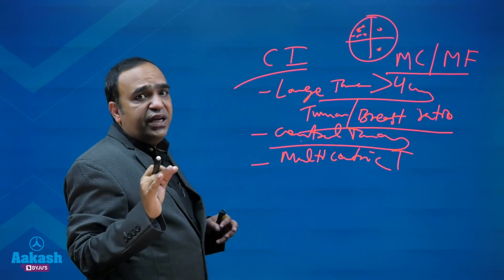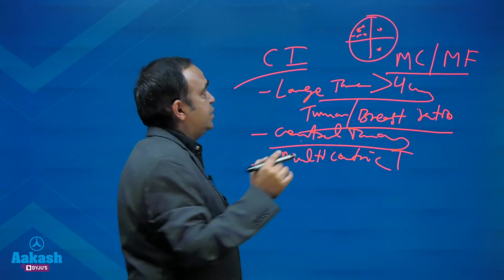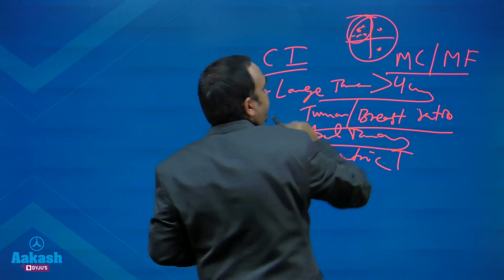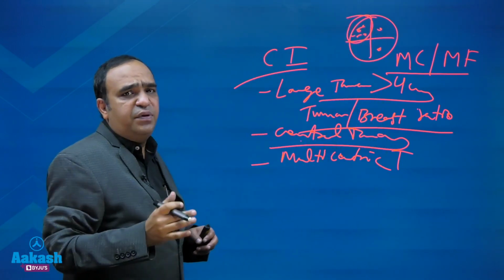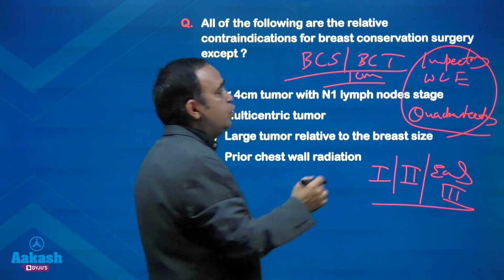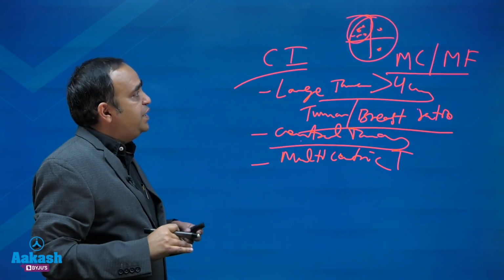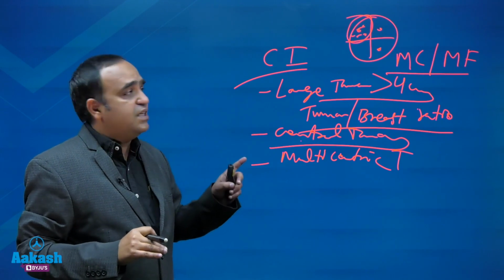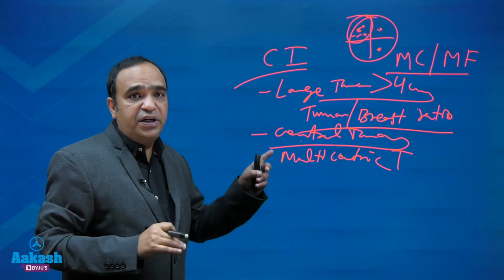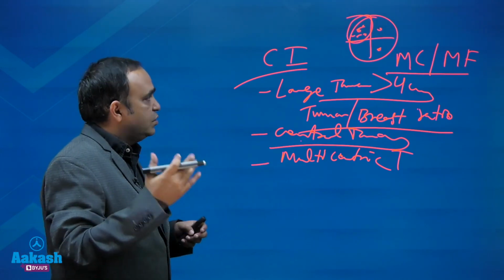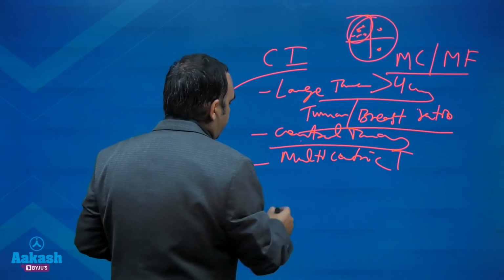Multifocality is not a contraindication, because if there is one quadrant involvement, even with multiple foci, we can still do quadrantectomy, which is one of the types of BCS. But if it is multicentric, BCS cannot be done because 2 or more quadrants are involved.